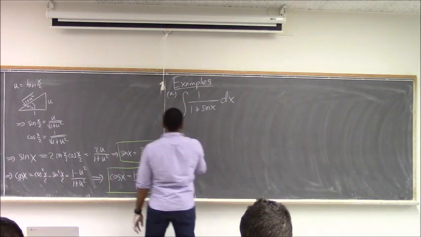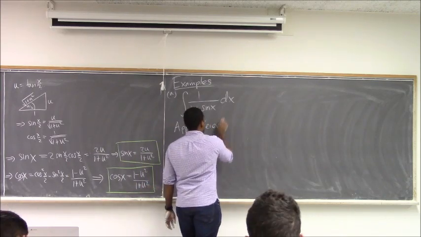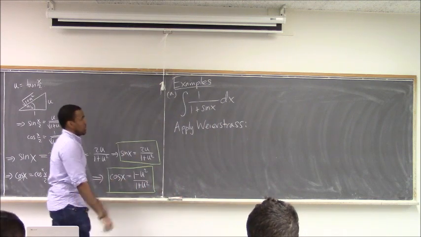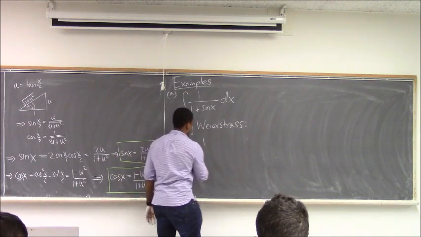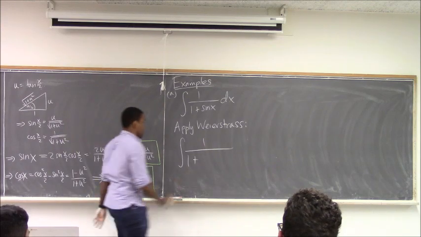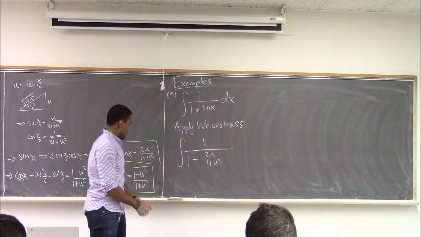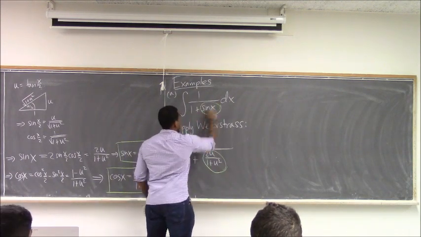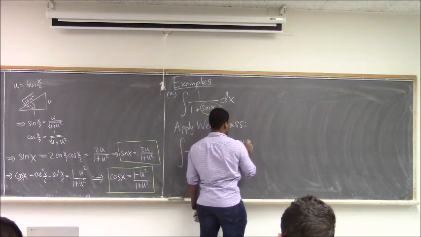So what I can do is I can apply my Weierstrass substitution. Under the Weierstrass substitution, my sine of x can be replaced by this expression. And my dx can be replaced with the other expression that I had erased over here.